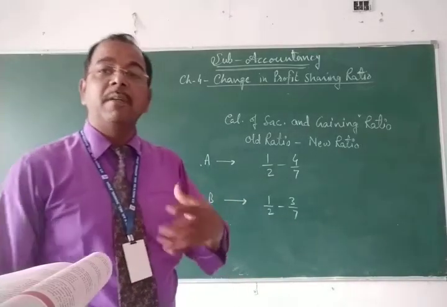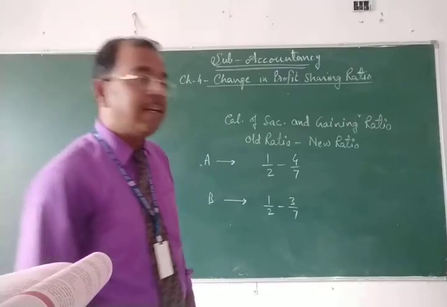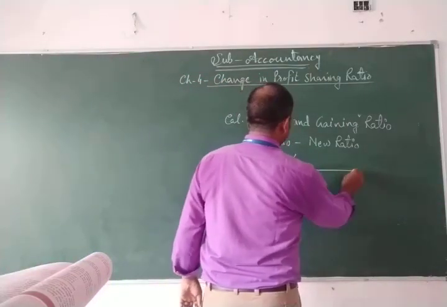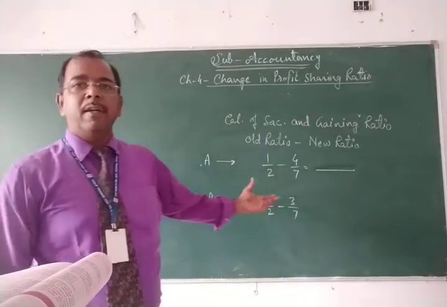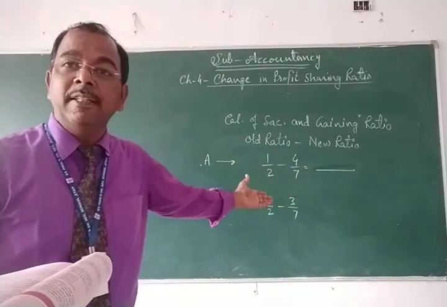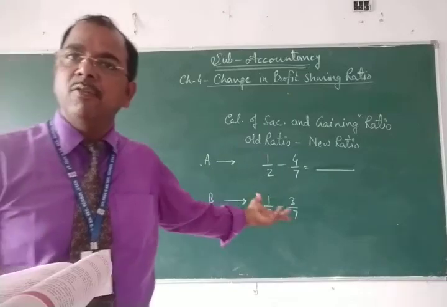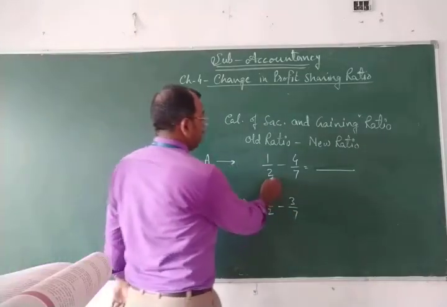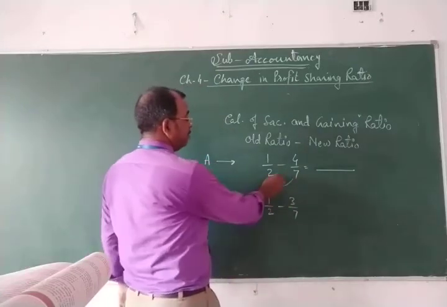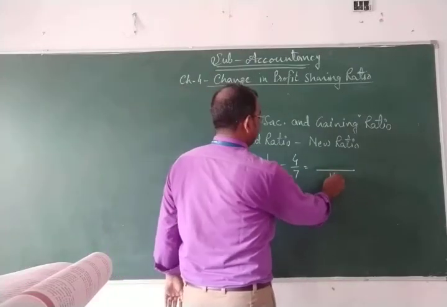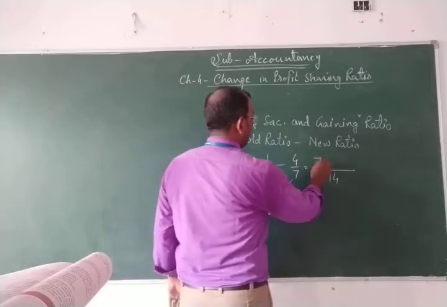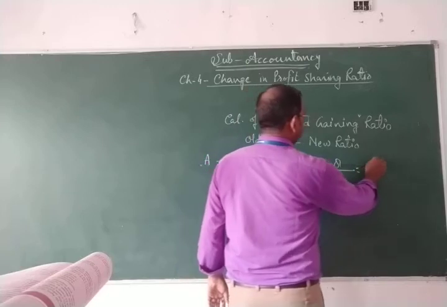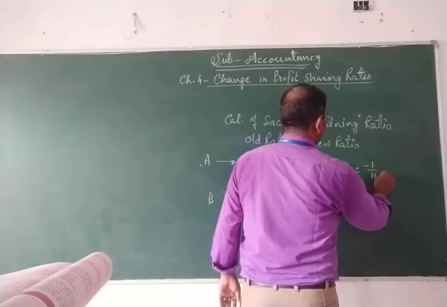You would have learned this in your previous classes, 10th standard. How is the LCM taken? If it is easy to find it from these denominators, then you can take that. If it is not possible, then simply multiply these two values. Multiply this by this, it comes to 14. The answer is minus 1 upon 14.